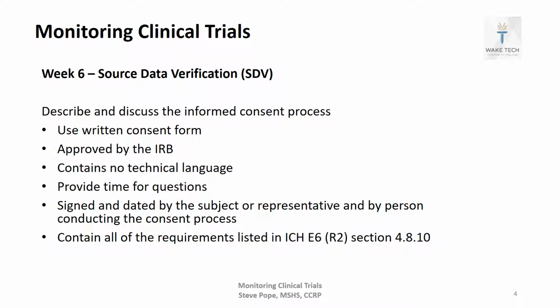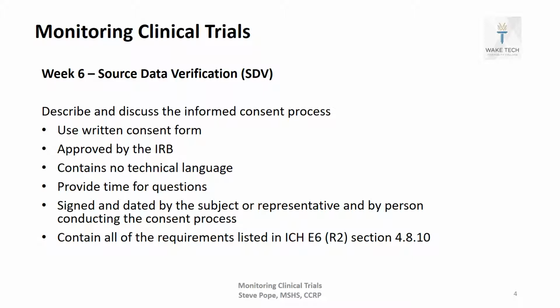In this informed consent process, we have to use a written consent form. So everything has to be documented in writing. It can't be, well, we told the subject this and they said they understood. None of that. It's got to be a written consent form. And that written consent form must be approved by the Institutional Review Board, by the IRB. If it's not approved, we can't use it.